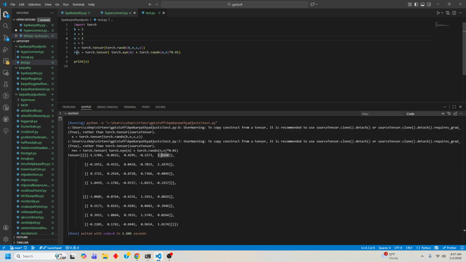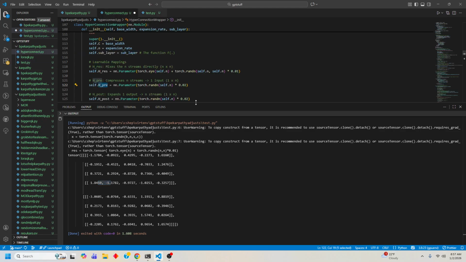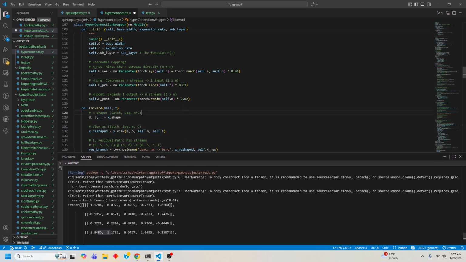And then this residual acts on each of these 4 sets. Like it says, this one mixes the streams.